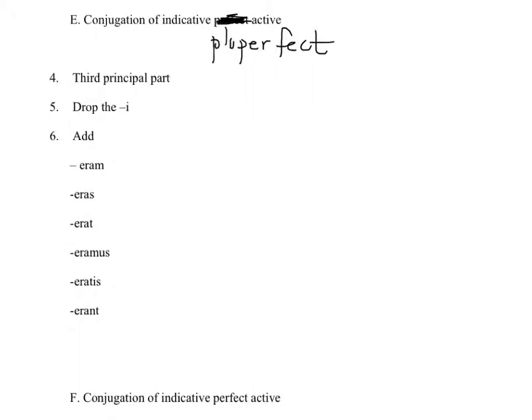So the conjugation of the indicative pluperfect active for a third i conjugation is not in any way complicated or surprising if you learned the previous pattern. You take the third principal part, which in this case is cepi. You drop the i as you always have since the first and second conjugation.